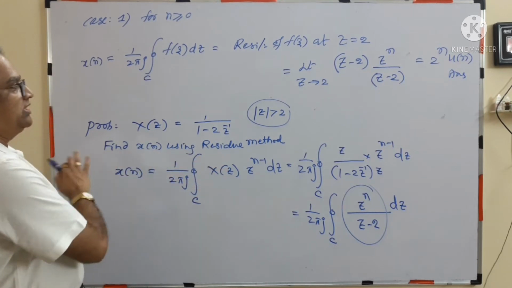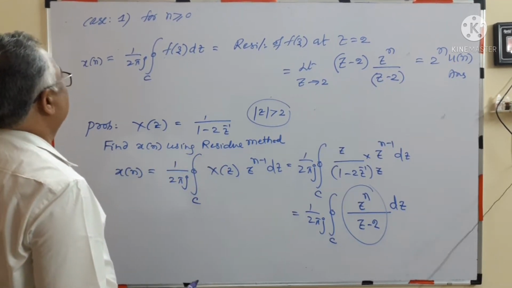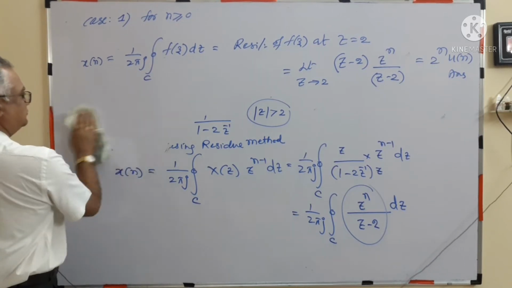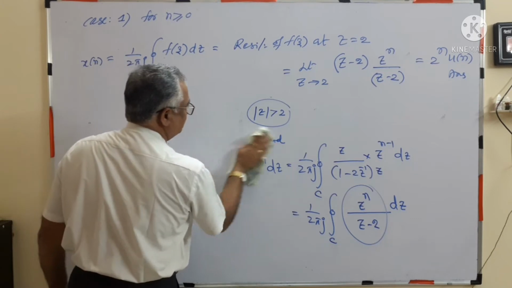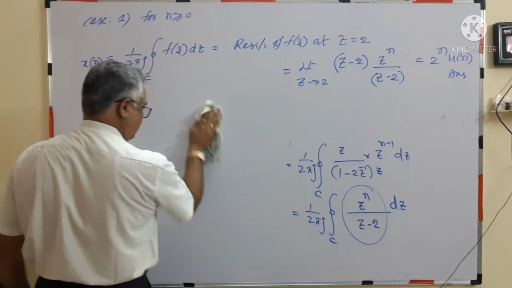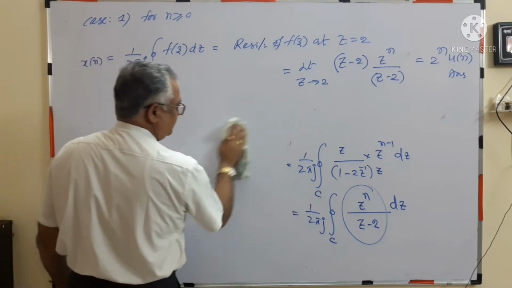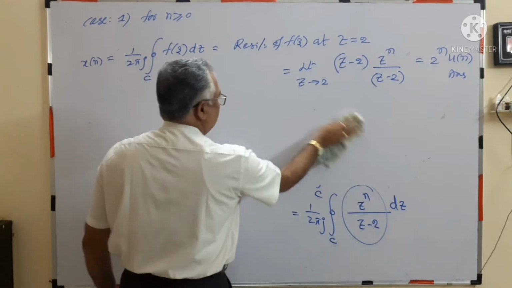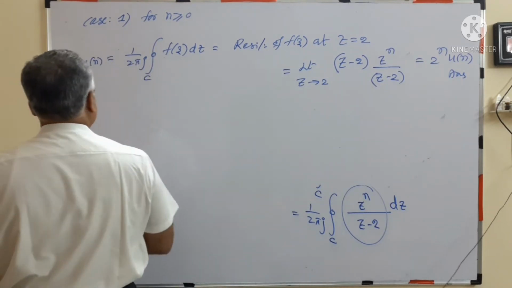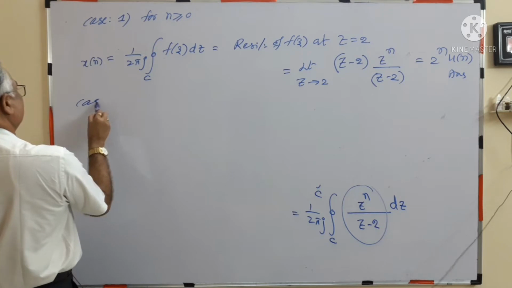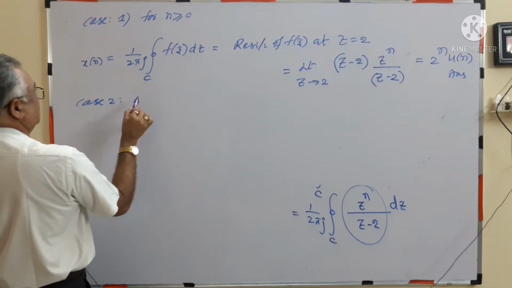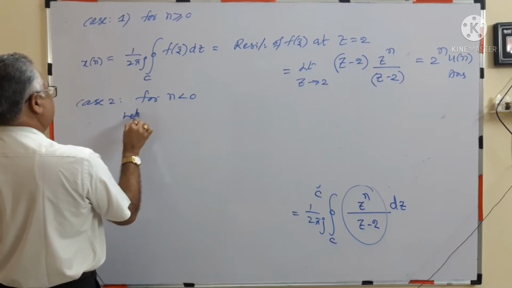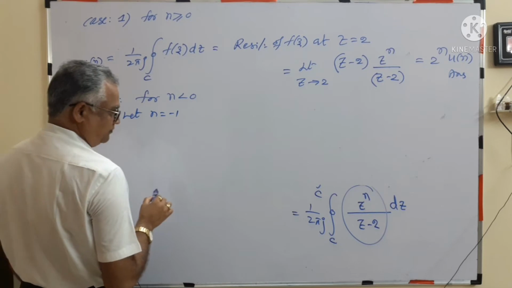But we have to ensure nothing is there on the left side. How to see that? For case 2, for n less than 0, let n equal to minus 1.